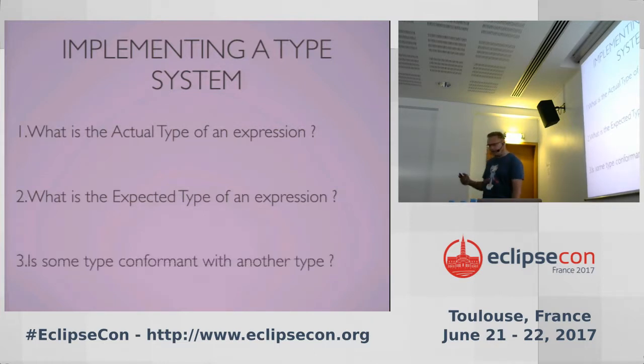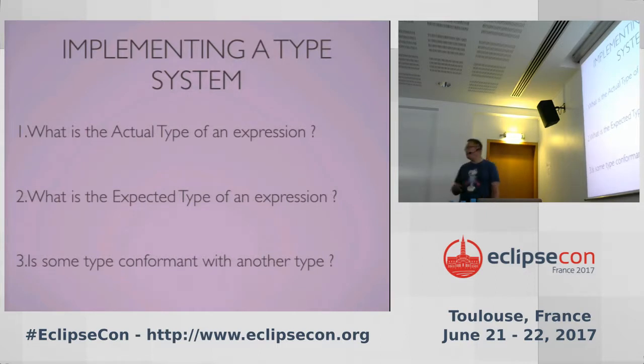And if you have 2 types, then you have to answer, do they conform to each other? Is it okay if I have different types? Can I assign them? There's no real interface in the Xtext framework for providing a type system, except in Xbase.